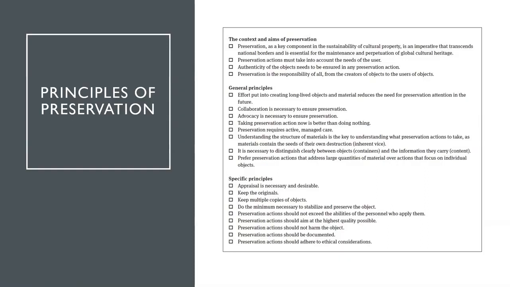So again, Harvey and Mahard would argue that all these principles apply throughout this whole simplified timeline that I just shared, and for both analog and digital preservation. And again, we'll look at these and touch on these throughout this semester. Oh, this last one is also interesting too. Preservation action should adhere to ethical considerations, and that's something that we'll also talk about in this course.